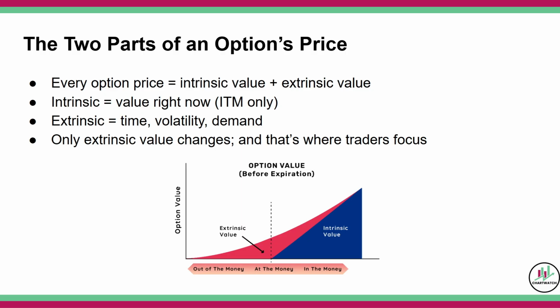This is why two options with the same strike price can have totally different prices, because they have different amounts of time left or the stock's volatility has changed. So the takeaway is that only extrinsic value changes consistently, and it's what causes the option's price to rise or fall from moment to moment. Even though every option technically has two components, almost all trading strategies revolve around the extrinsic value, because that's where pricing opportunities and mispricings live.